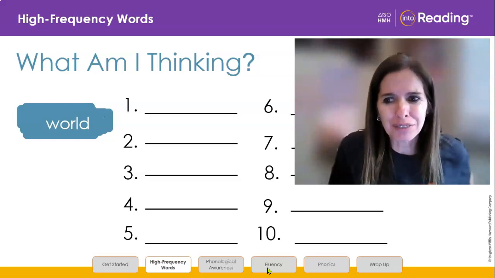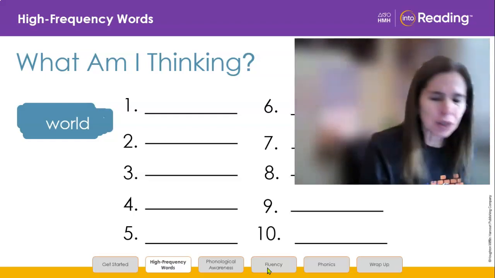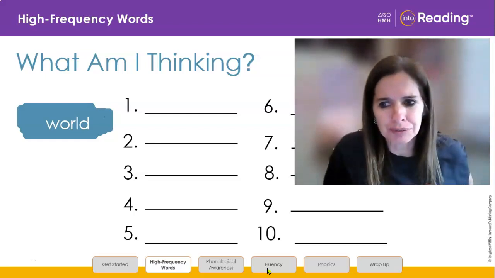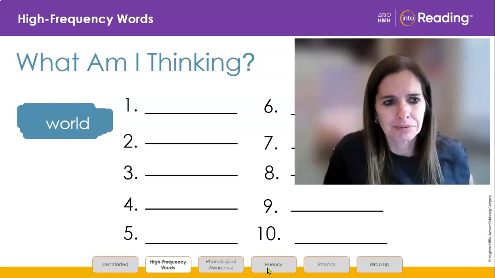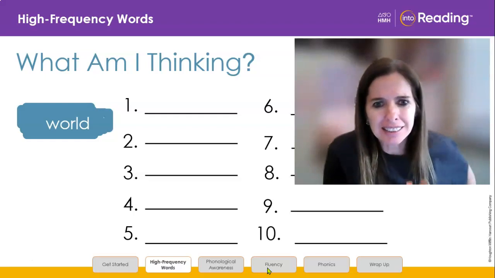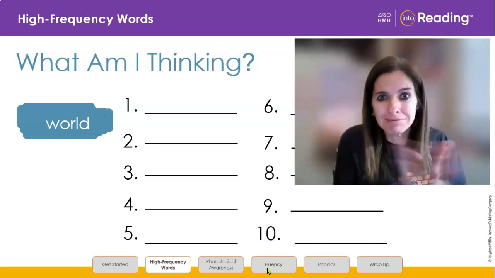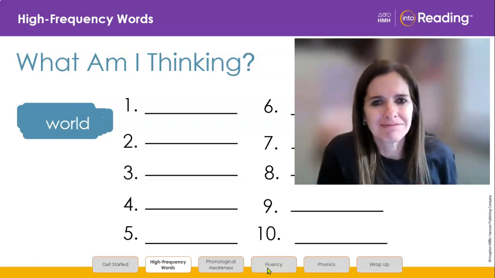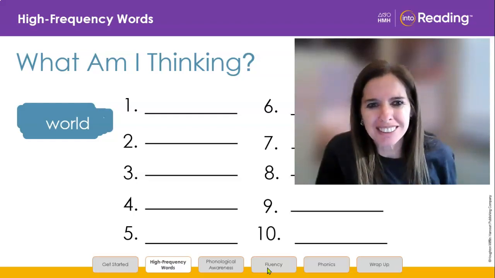All right, are you ready for the next one? These are the clues for number 2. I'm thinking of a word that has 2 syllables. Need more clues than that, don't you? It also has 3 letters.